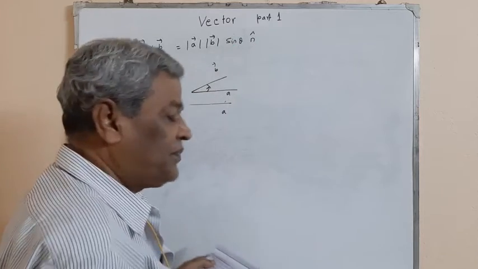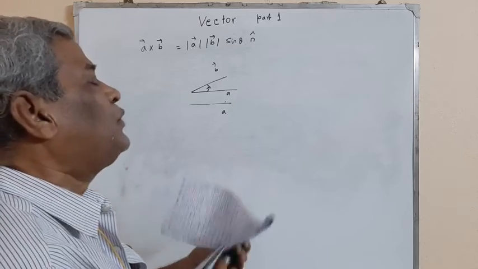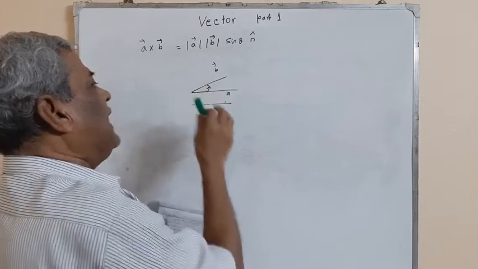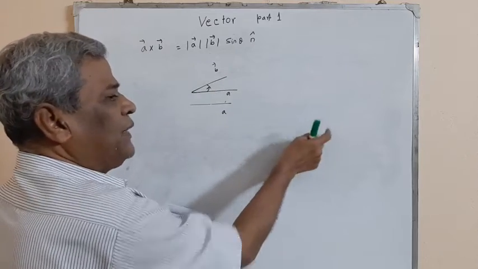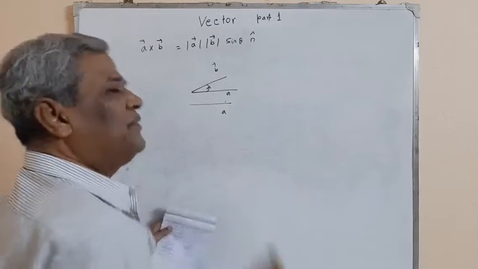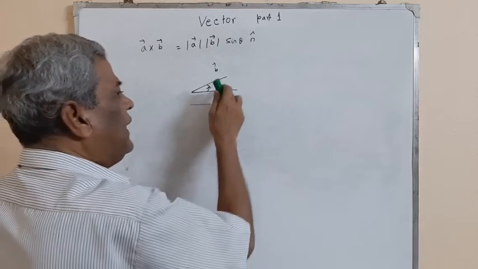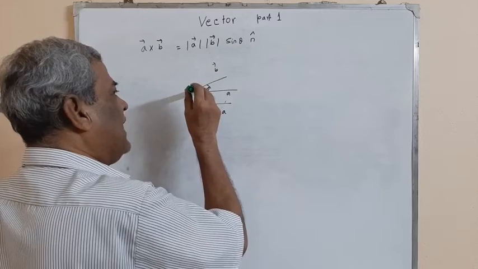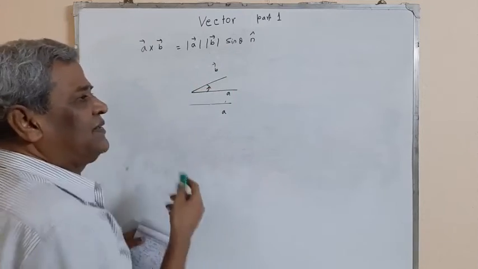And what is n? N is a unit vector perpendicular to the plane containing the vectors A and B. A and B, these two vectors are lying on that board. So n is a vector perpendicular to the plane containing A and B, that is perpendicular to the board. It is either this direction or opposite to that.